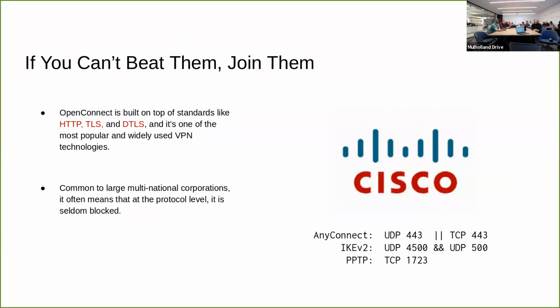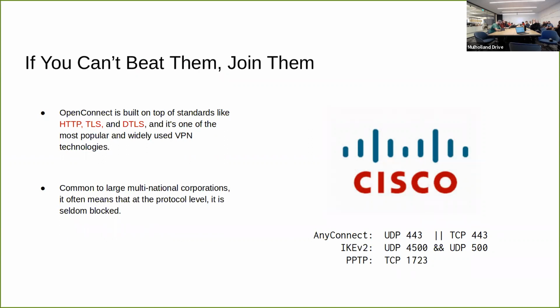Another thing you could do is to use the protocols that the corporate network is already using. So we know almost every modern corporate network is going to be using some sort of VPN. Cisco is very popular. So you can use their protocol, and hopefully the network admin just lets everything through.